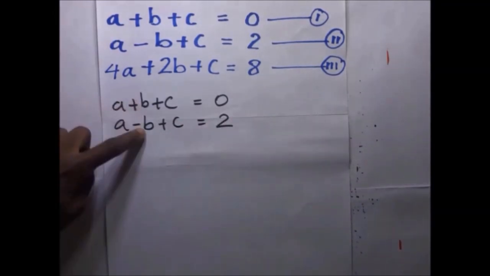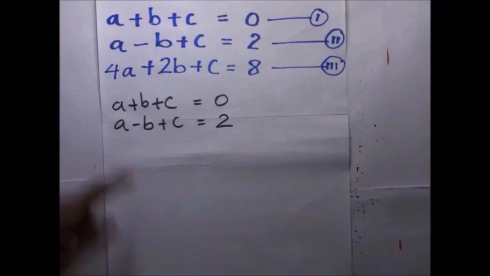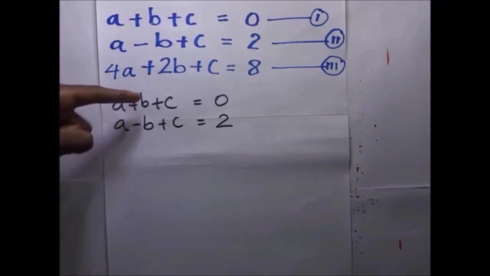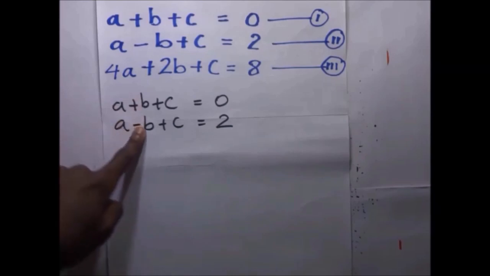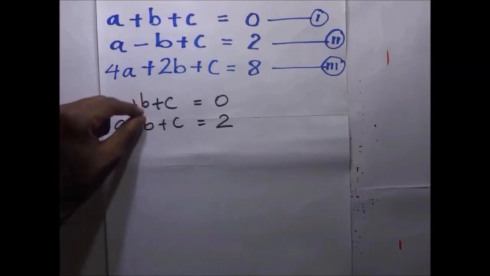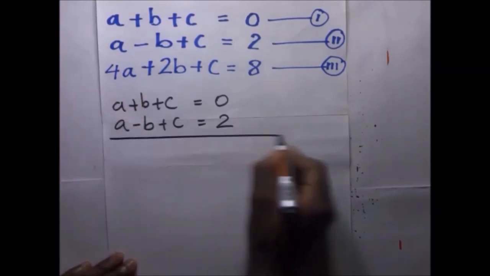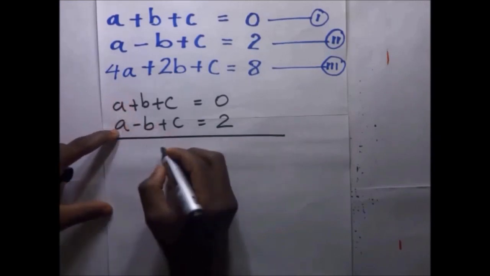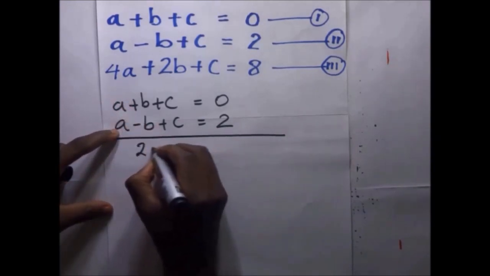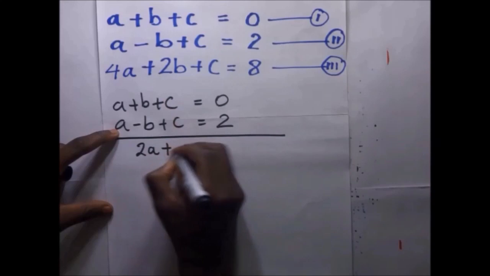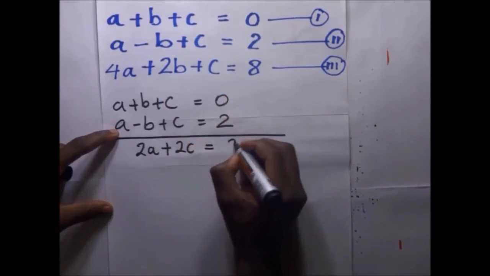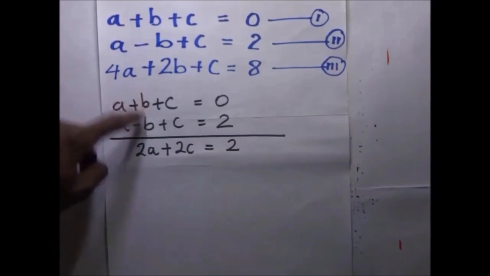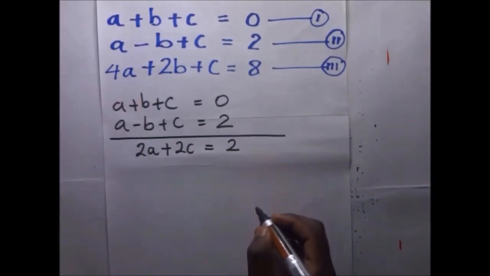Now if we are to eliminate b in this equation, if we simply add these equations, b plus b here, this will disappear. So if we add those two equations, we shall end up with a plus a, that is going to be 2a, c plus c is plus 2c, is equal to 0 plus 2, which is going to be 2. I mean b plus b here, it is 0. So here we have our first equation.